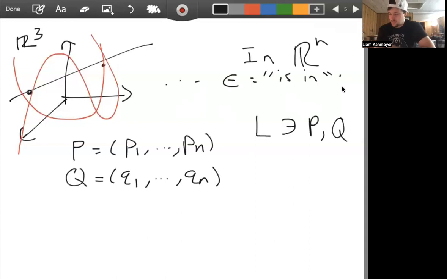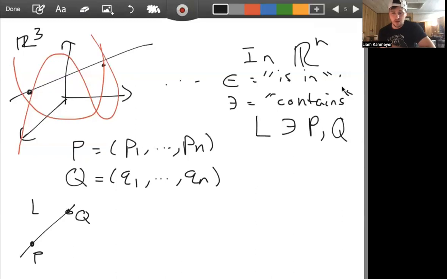Well, if you reflect that about the y-axis, you get a backwards epsilon, and this means contains, right? So it's just changing the order of your statement. But anyway, let's find an equation for this line L.